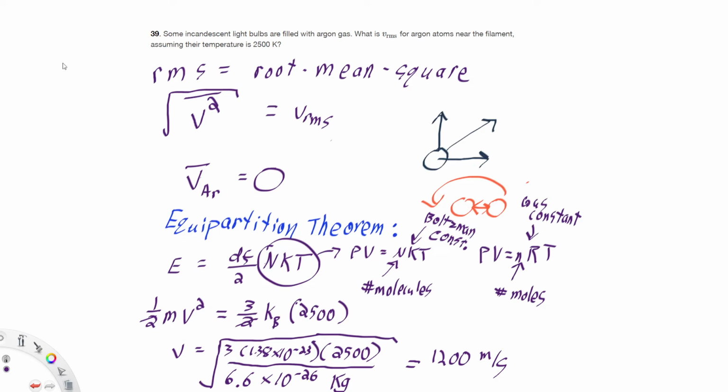Yep, we can do some toolbox work here. So what we just went over is the equipartition theorem, and there's several equivalent ways to write this down.